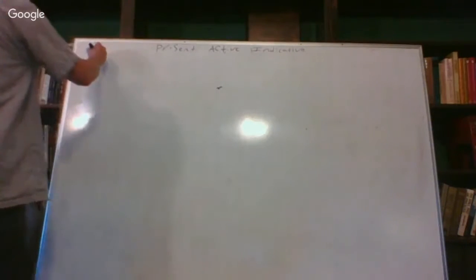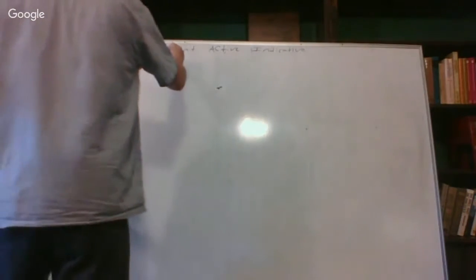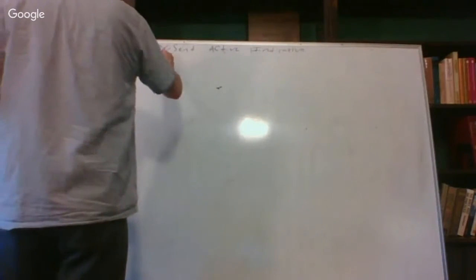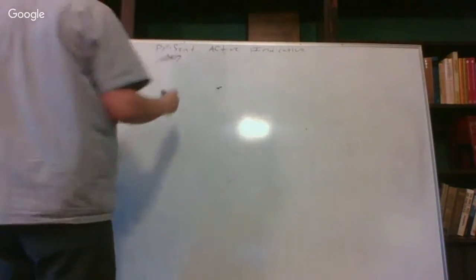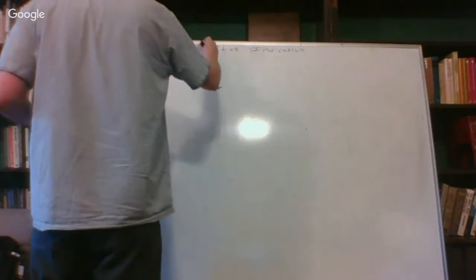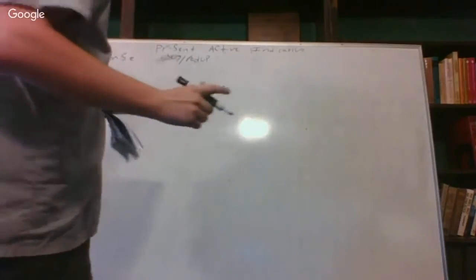So we're going to start with tense. Then we're going to write "og" in English, which is basically short for augment, and "redupe," which is short for reduplication.